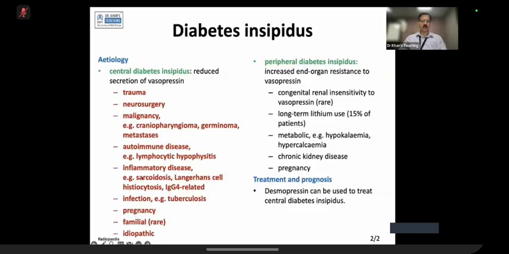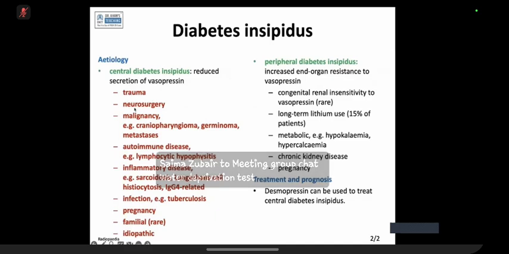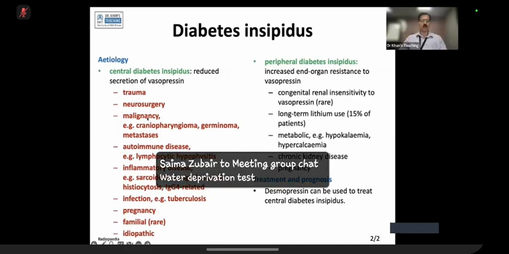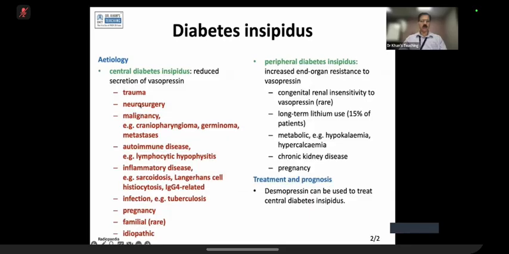These are the causes etiology-wise: central causes, peripheral causes. Trauma, neurosurgery, or if because of some reason there is destruction of the pituitary, may it be tumor or neurosurgery, trauma, etc. Of course, it can be this. But autoimmune conditions, IgG4 related disease, etc., infection, pregnancy, idiopathic is another one.